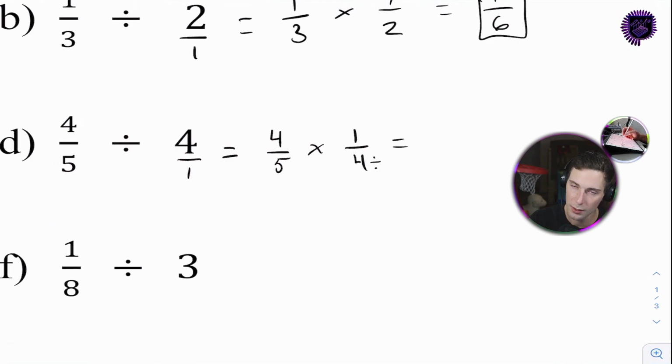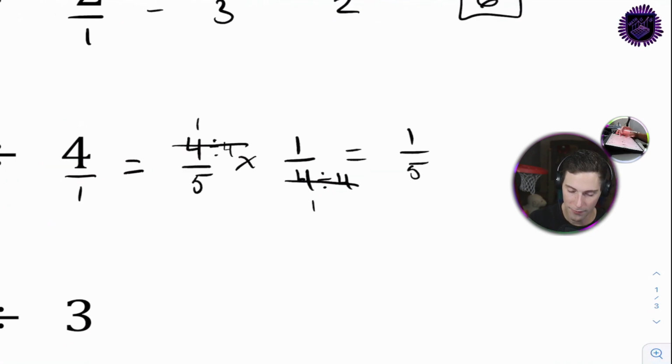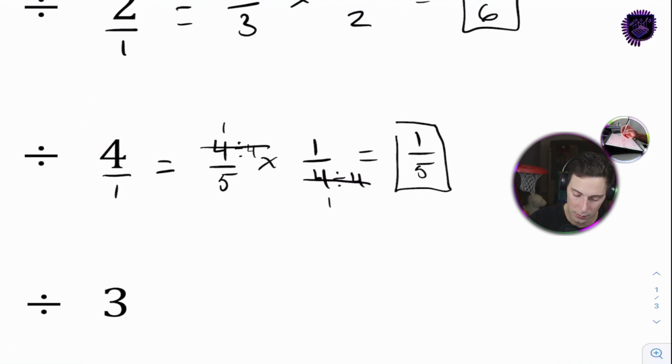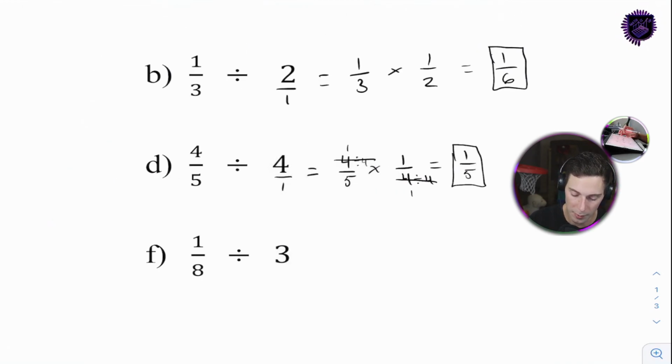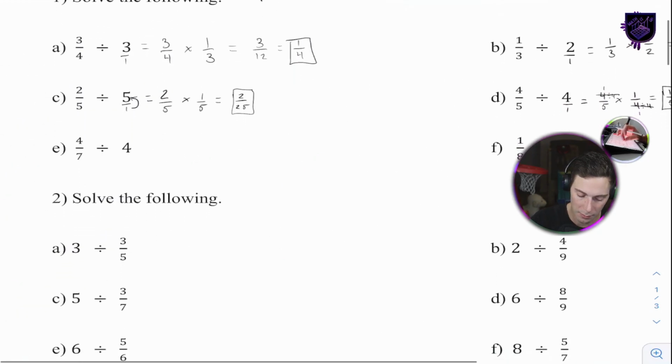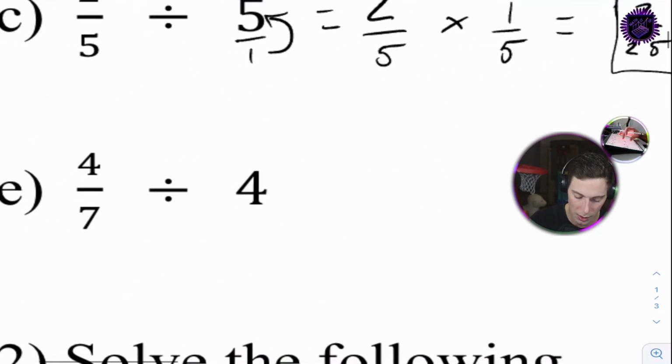I can factor out a common factor between this and this of 4 to make that 1 and 1. And then it's going to be 1/5. So pre-factoring out factors from top to bottom is always the best bet. Do that if you can.